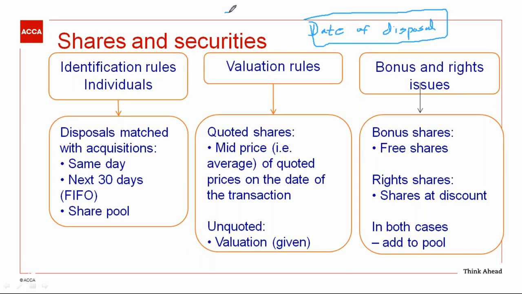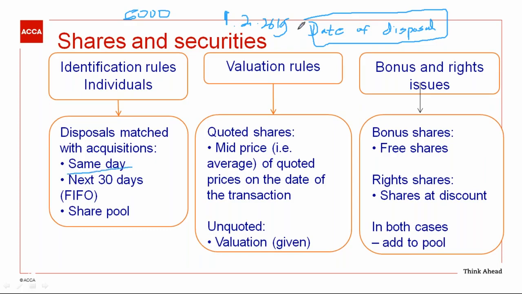Say it's 1st of February 2019. If you have sold 5,000 shares, first check whether we have bought shares on the same date of disposal.